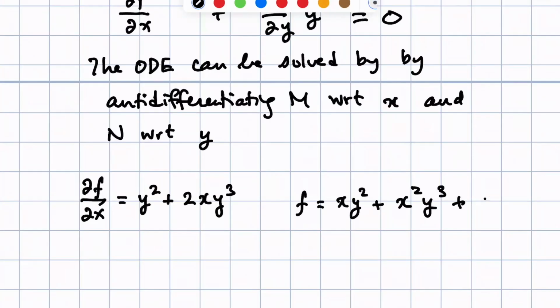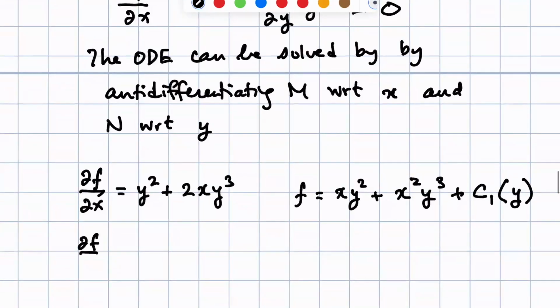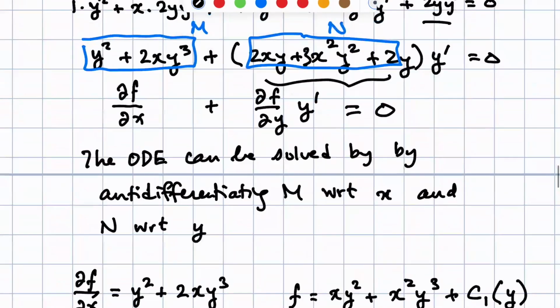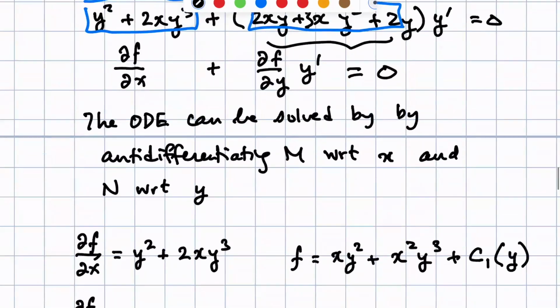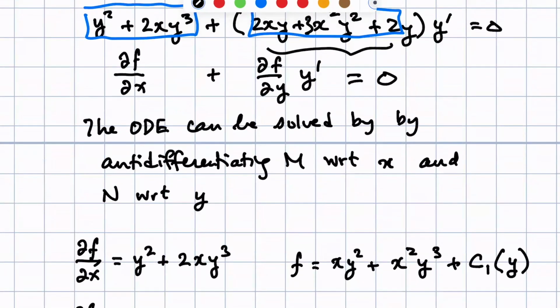Now I have to add a constant, but since y is a constant in this particular setup, it could be a function of y. Now, df dy, what was df dy? It's 2xy plus 3x squared y squared plus 2y.